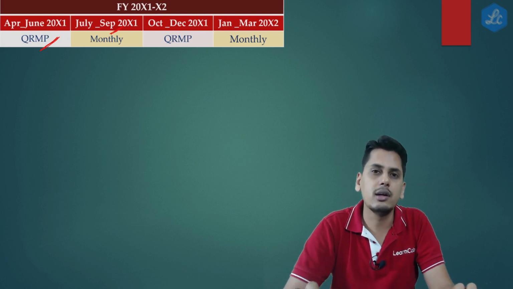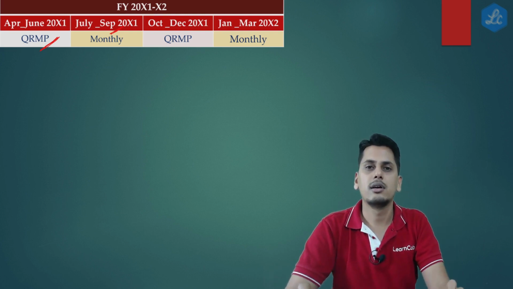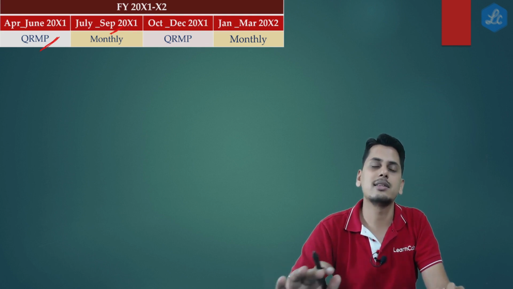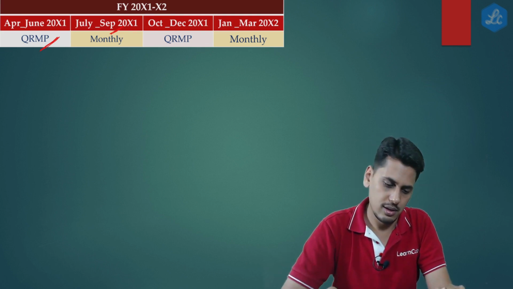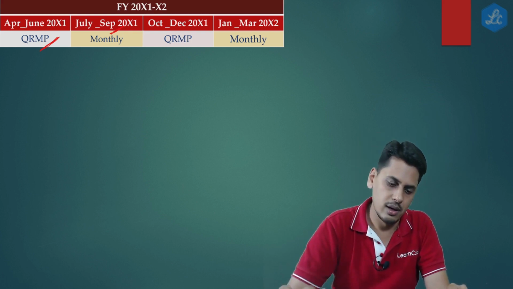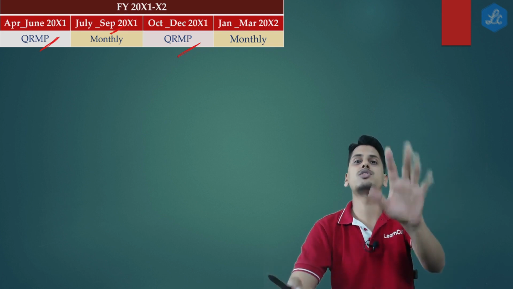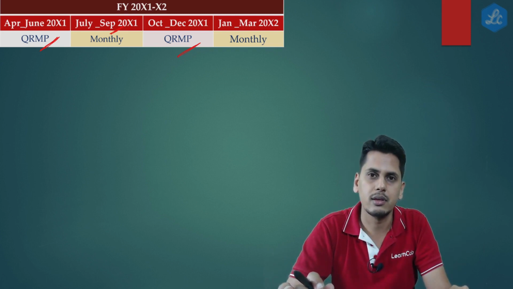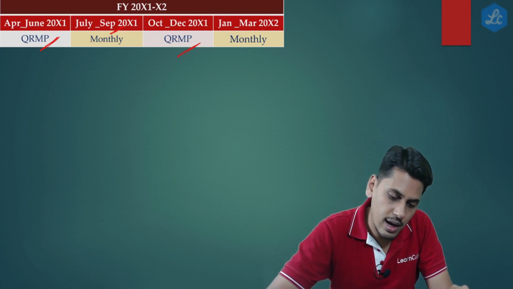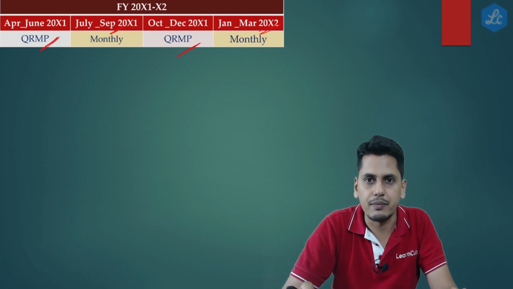Still, he wants to come under the monthly scheme. Is it possible? Let's suppose he comes under the monthly scheme. For the quarter October to December, he again wants to come under the QRMP scheme. And thereafter, again for January to March, he wants to remain under the monthly scheme.